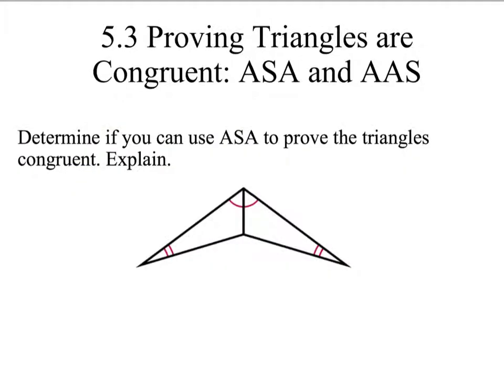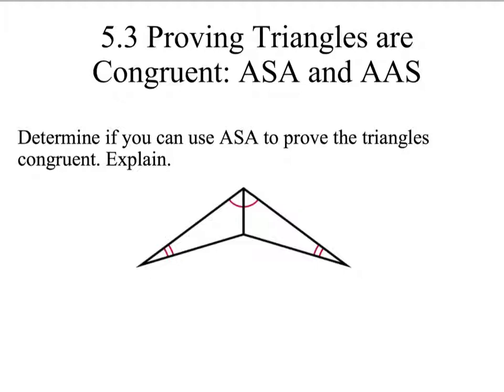Determine. You do not have to write this down. Determine if you can use the angle side angle to prove the triangles are congruent. We're going to explain. On this one, you do not have to write a two-column proof. I definitely think two-column proofs would help in your explanation and can do that, but you do not need to do so.